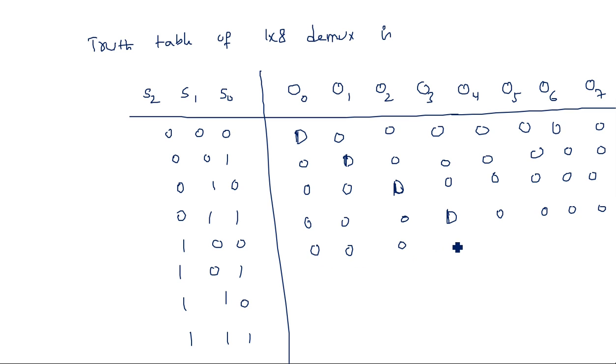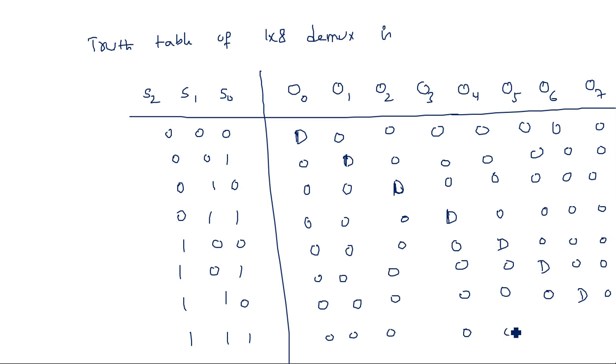And 4, all others are zeros. 5, so output O5 will take the data, and here it is D, here all are zeros, and the last one is D. So the output line will have the input based upon the selection lines. In this way we can design any type of demultiplexer with different sizes.